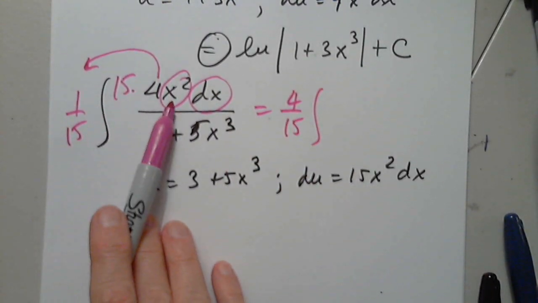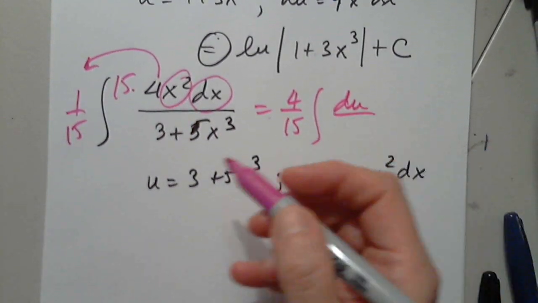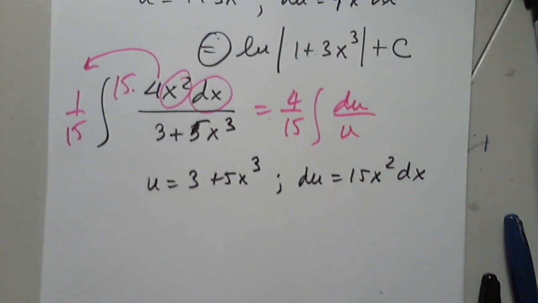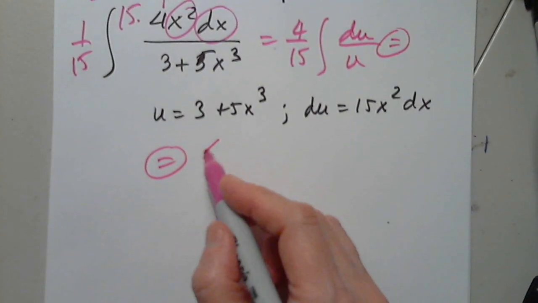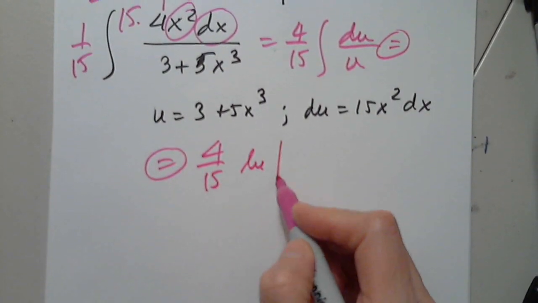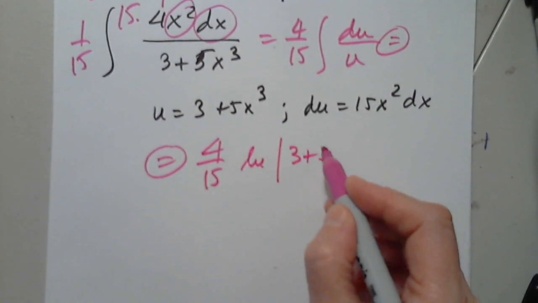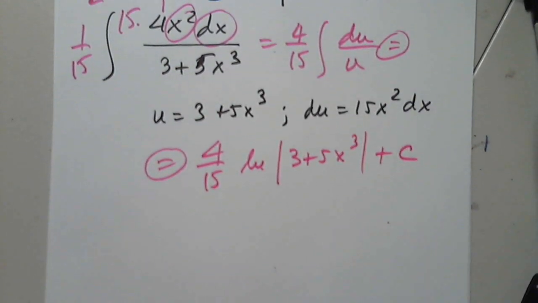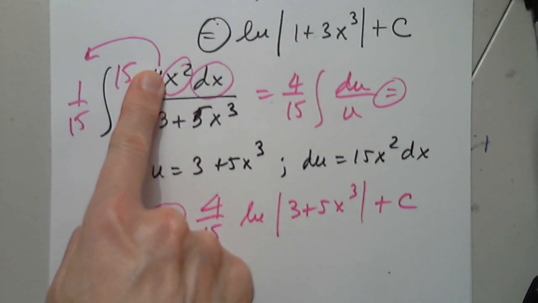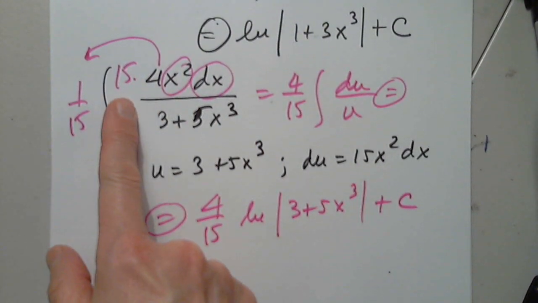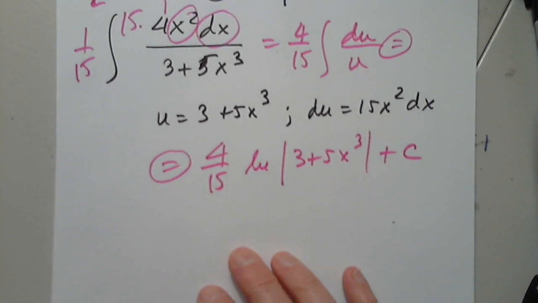Then you have 15x squared dx will be du over u. Same thing. So then you have 4 over 15, natural log of the absolute value of 3 plus 5x cubed plus a constant c. This constant here doesn't matter. You can always make up what you need, as long as it's just a number.